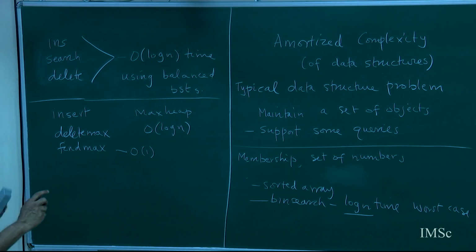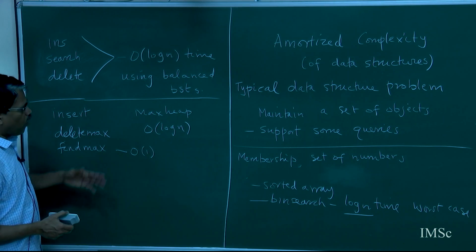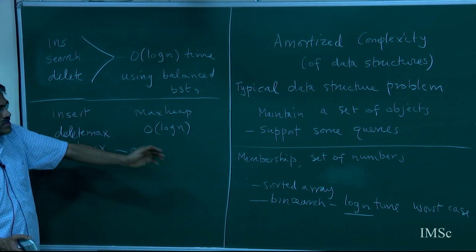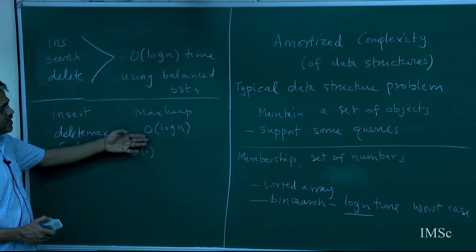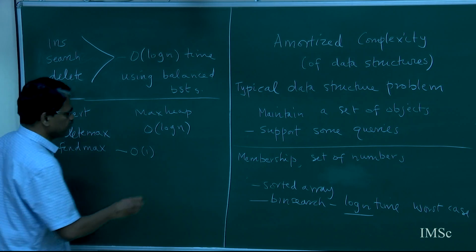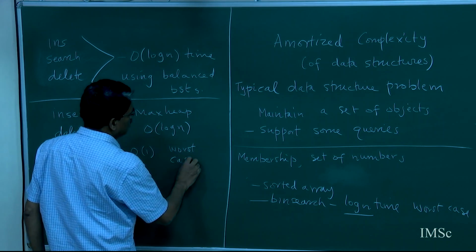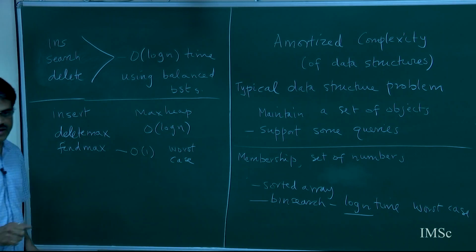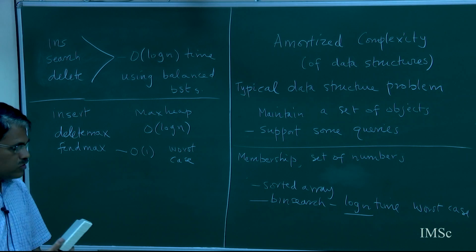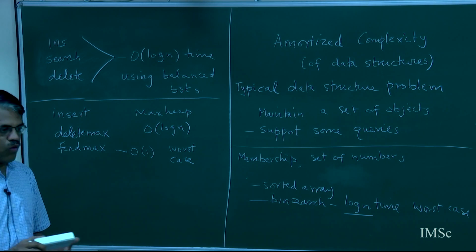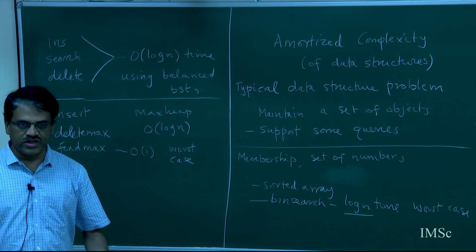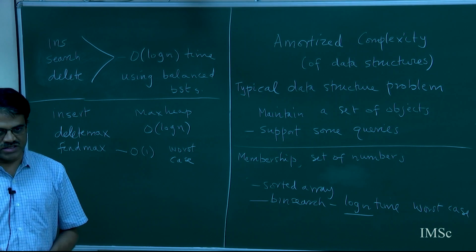But I'm going to move on and say that in all these cases, the time I'm saying is the worst case time. So that means for any operation, in the worst case, it takes this much time. Now, what is a typical application of a data structure? There are two kinds of applications.